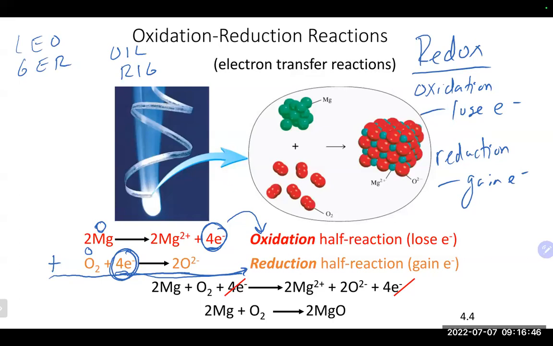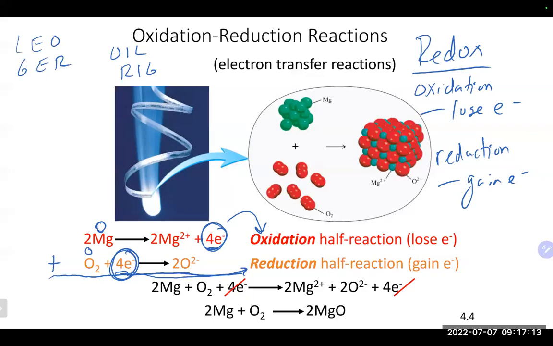That is because if there is an oxidation occurring, there will definitely be a reduction occurring. So they always occur together, and there's always an equal transfer of those electrons. However many electrons are given off by the guy losing it should be the exact same number of electrons gained by the guy gaining it. So it's that transfer of electrons, which again is why this reaction is taking place in this particular case.